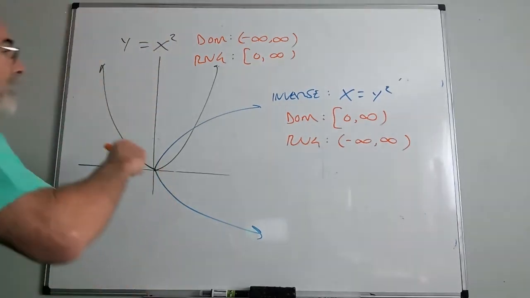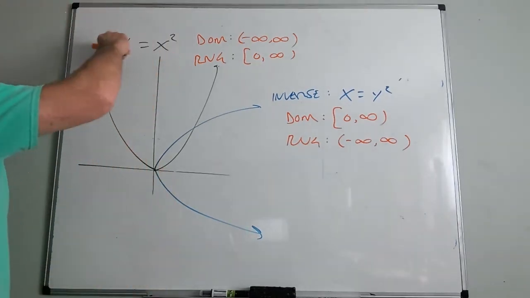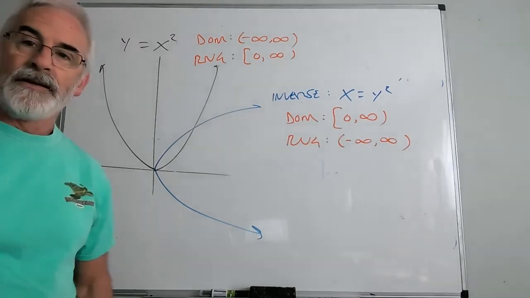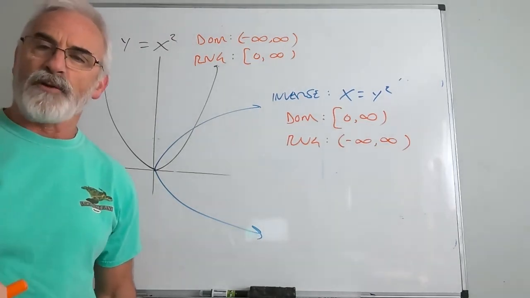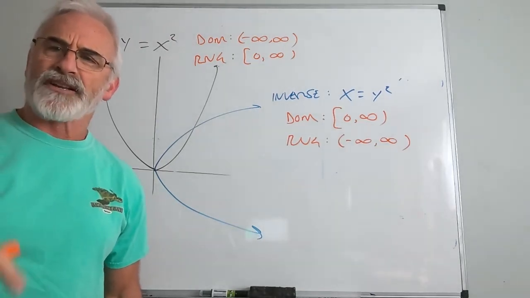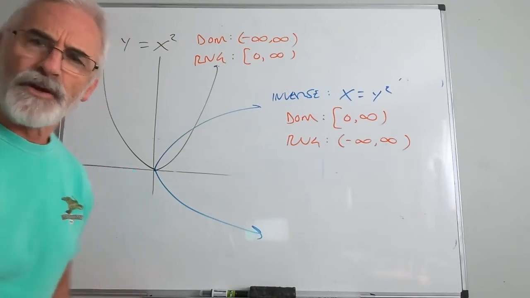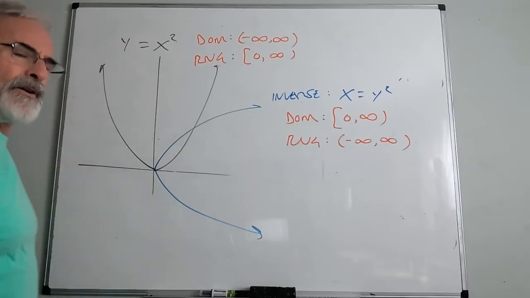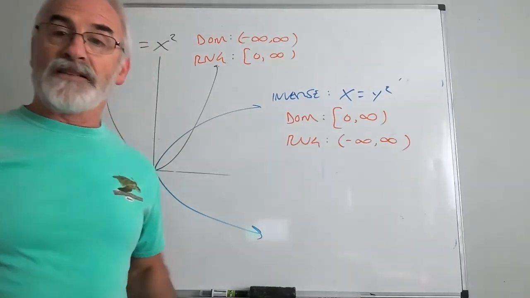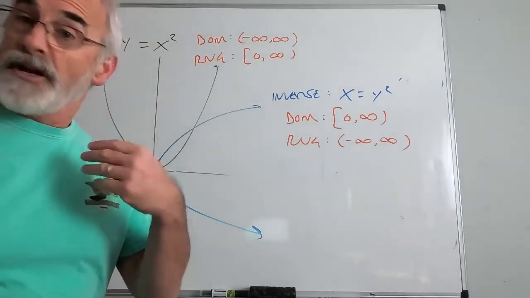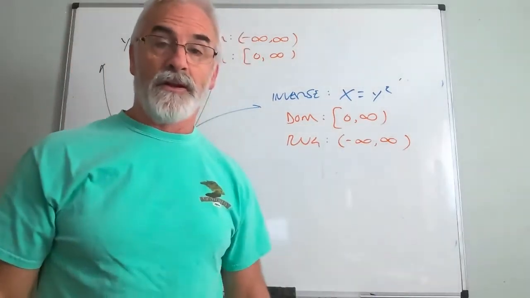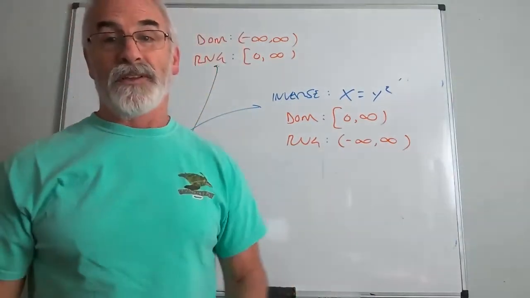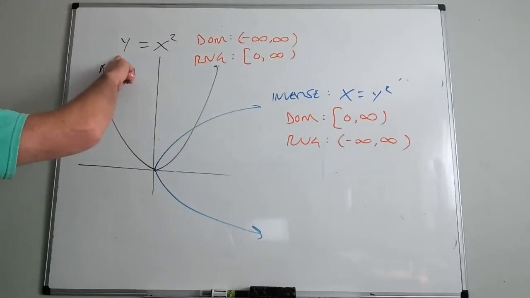Okay, great. So if I give you input, you give me the output. That's great. The problem is, if I give you output, you're not going to get a unique input. So if I input the number 3, I'm going to get back the number 9. I'm only going to get one value. When I said the sine of pi over 6, you got 1/2. You only got one value. But when I work backwards, if I said, all right, I'm going to give you the number 9, where did it come from?